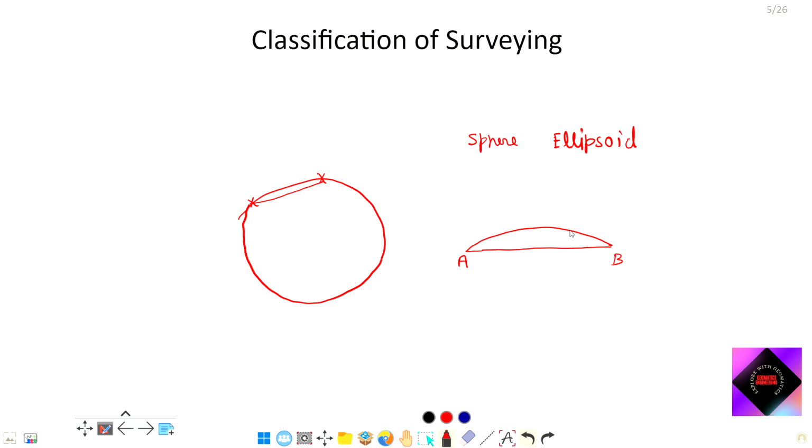So those surveying which account for this curvilinear distance, or the curved portion of the earth, is termed geodetic surveying. And those surveying which do not consider the curve, just considering the horizontal or linear distance, is termed plane surveying.